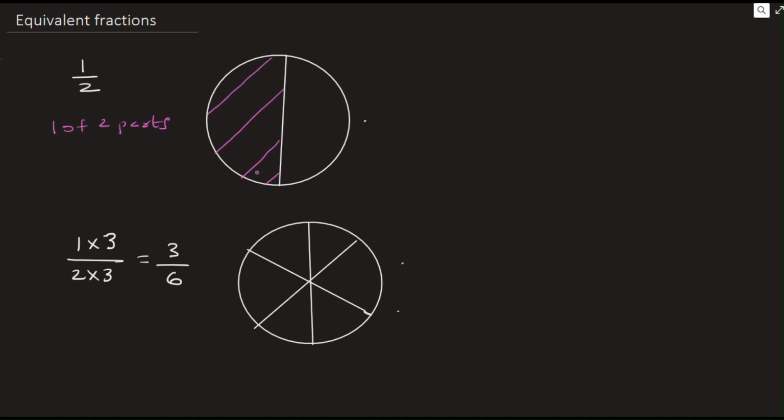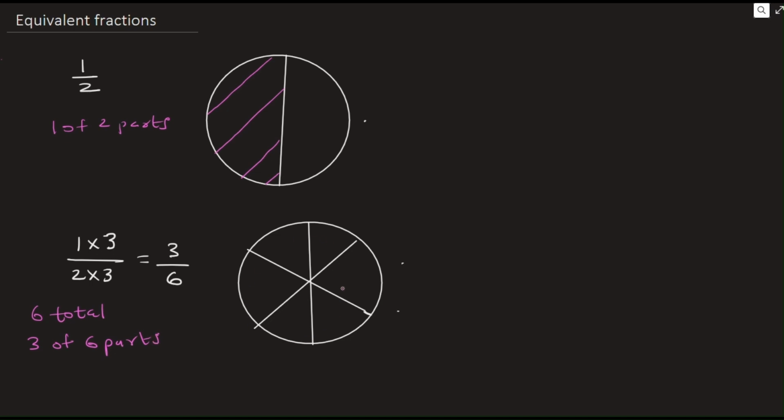So say I multiply both the numerator and denominator of this fraction with the same number, let it be 3. So what do I get? 1 times 3 over 2 times 3. So 1 times 3 equals 3, 2 times 3 equals 6. So this equals 3 over 6. Means 6 total parts and 3 of 6 parts, as fractions are parts of a whole.